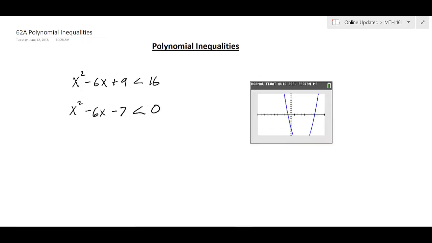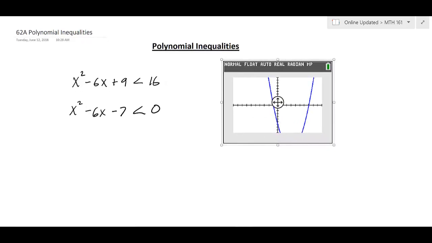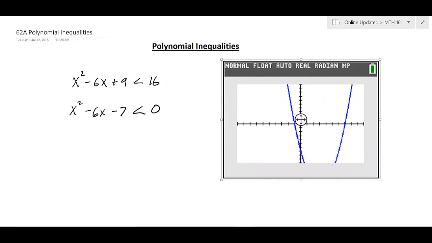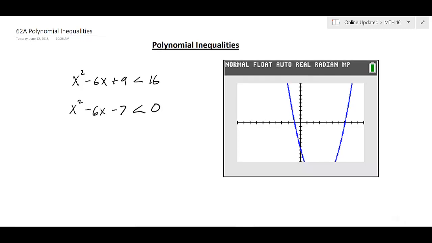So if we look here, thinking about this inequality, we're looking at values that are going to be less than 0. So if we look at the graph, that means we're looking at where this graph is less than 0. Well, if we look at the point here, it looks like this would be negative 1, where it is equal to 0, and over here we can see at 7 that the graph is also equal to 0.